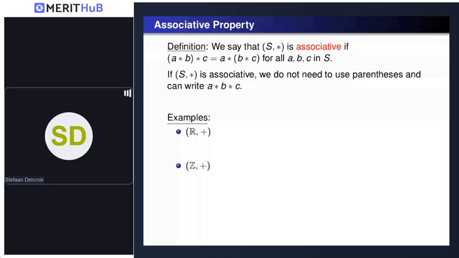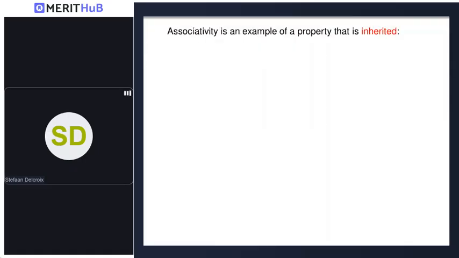The real numbers and the integers under addition were associative. But for the real numbers, this is an axiom. The integers, yeah, you could say it's an axiom, but it turns out that associativity is an example of a property that is inherited. What does inherited mean?